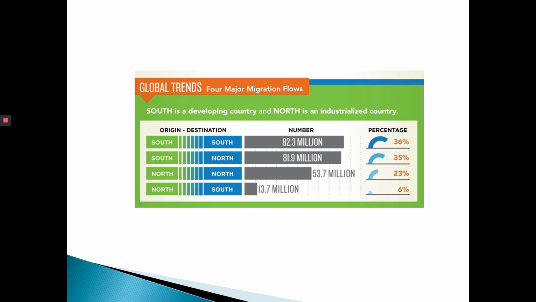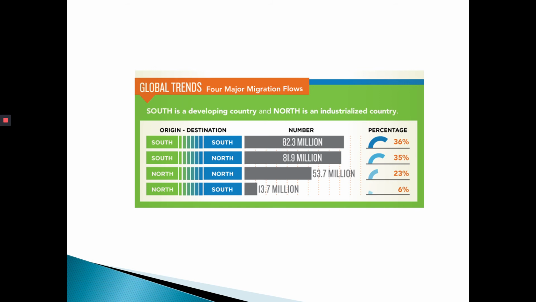Interestingly though, there are some developing countries in the northern hemisphere. For example, some of the Eastern European countries actually are facing a great deal of poverty, and they're really developing countries. They're not advanced countries. One might think about the country of Azerbaijan or Armenia.